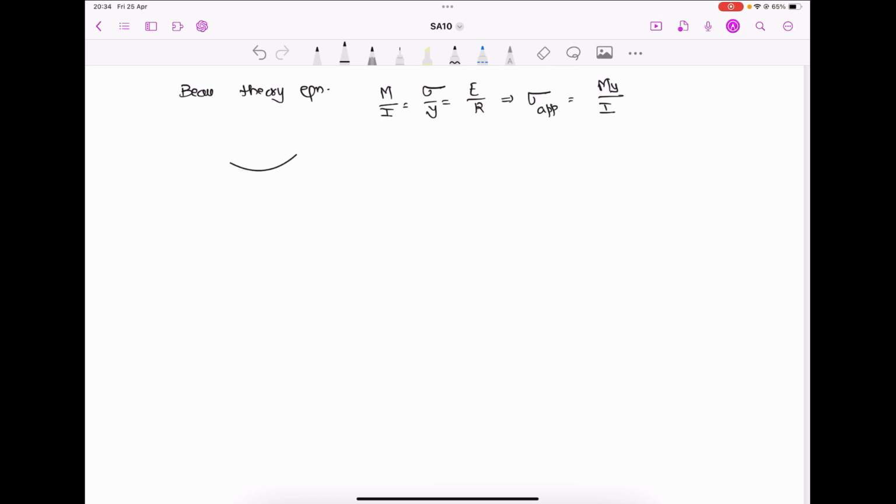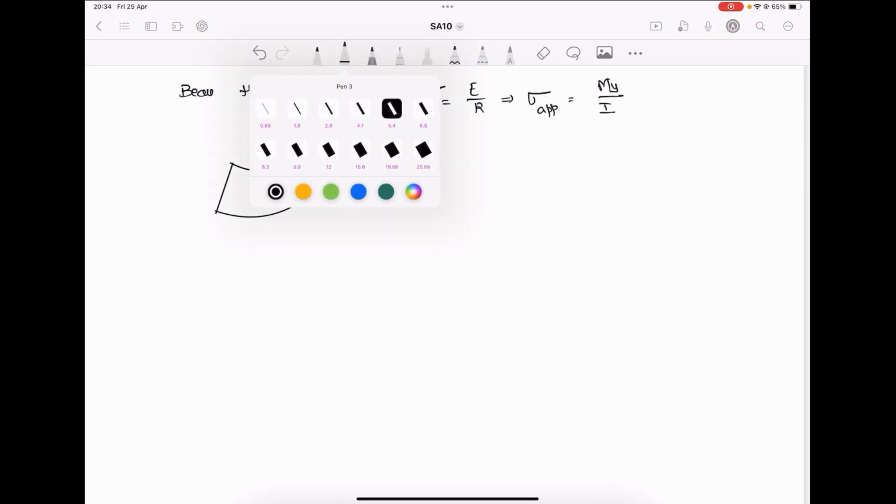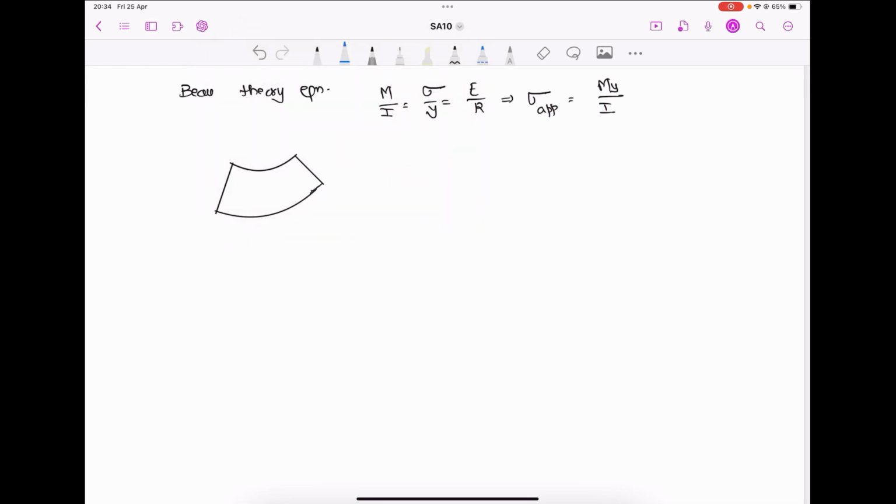This is the bent beam, let us say. After loading, before loading it was a perfect rectangle, but after loading it is not a perfect rectangle. Now let us say this is my neutral axis. Why I am discussing again and again and explaining, the reason is that it is a very important topic to be known.